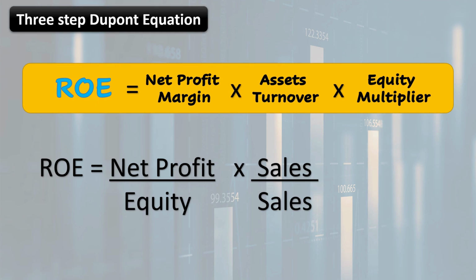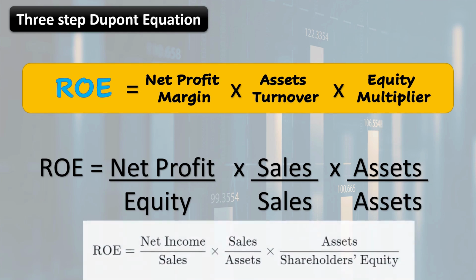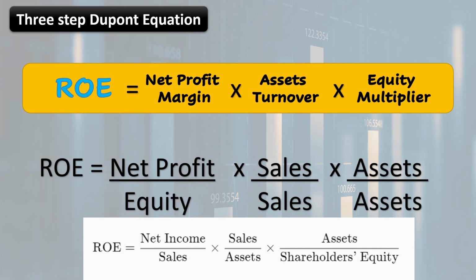Now, by multiplying this with assets and then dividing by assets, we end up with the three-step DuPont identity. That would be return on equity equaling net income over sales times sales over assets times assets over shareholders' equity.